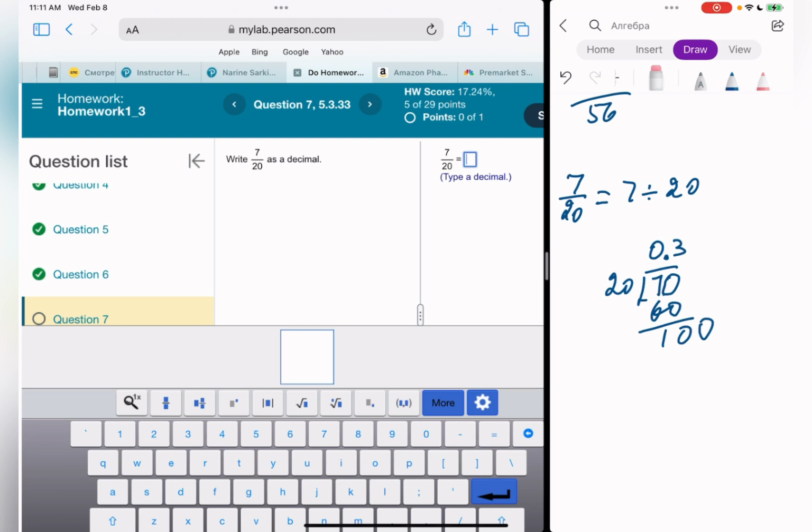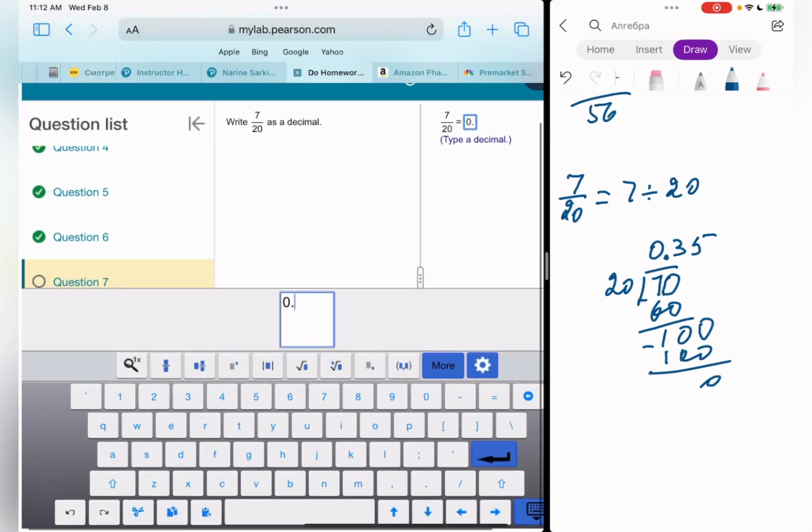Okay, 100 divided by 20 is 5. So I'm getting 0.35. 5 times 20 is 100, remainder is 0, we are done. So we are getting 0.35.